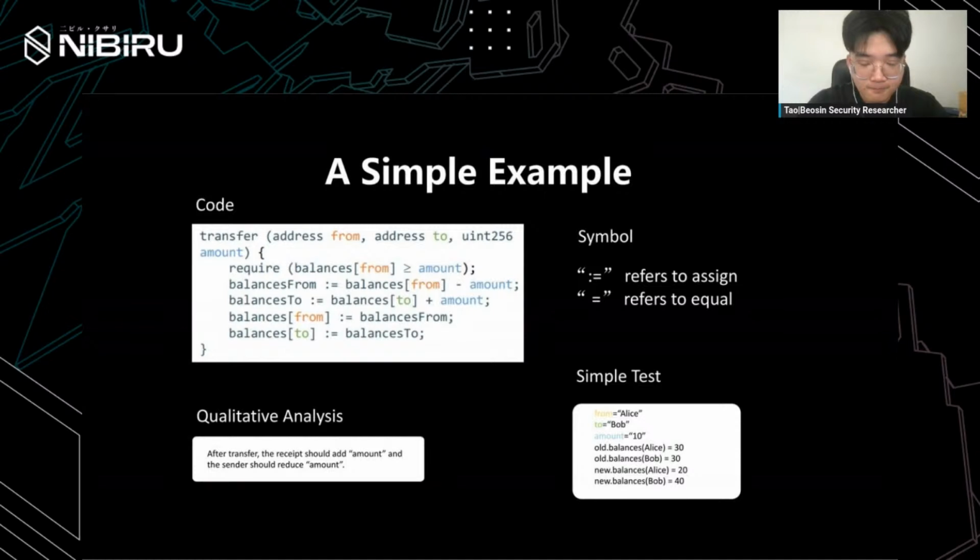But if the sender is Alice and the receiver is also Alice, we will have an error here. So the update of the balance of the sender and the receiver has some security issues, and we need to modify this transfer function.